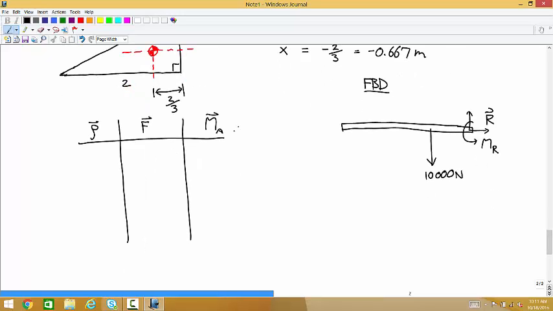Okay, so for the distributed load, the row vector is negative 0.667. But if it wasn't, you just add the weight in addition to this stuff. And then the y position, where that force acts, doesn't matter. I'll just use 0. And the force vector is 0, negative 10,000.